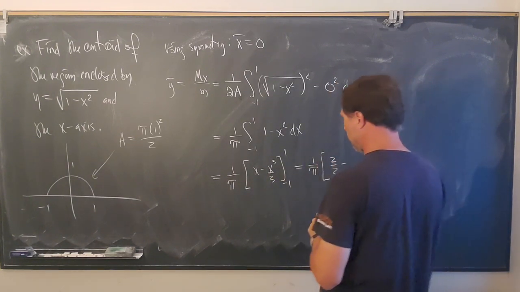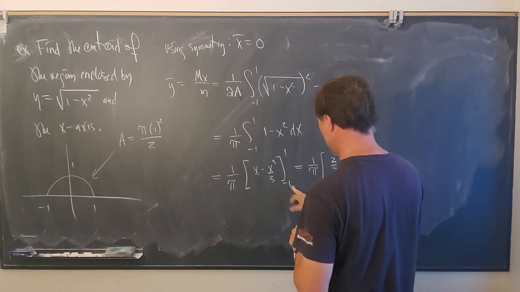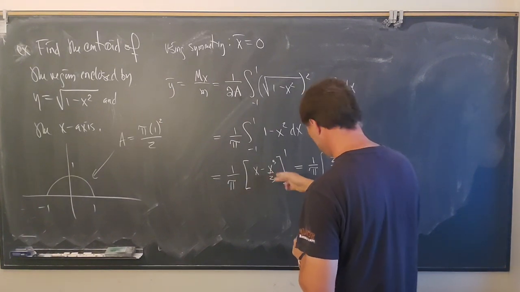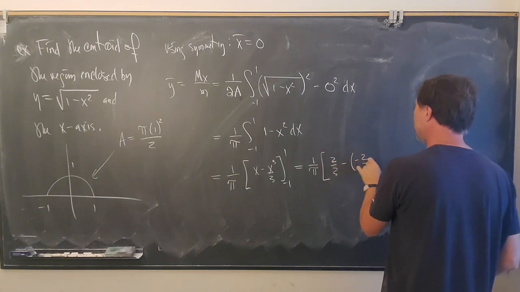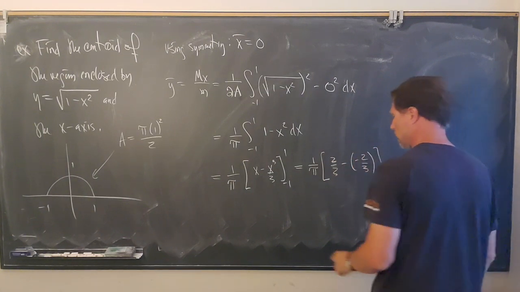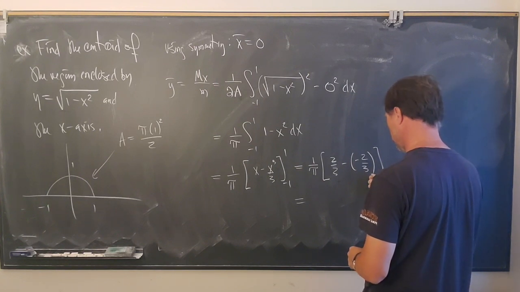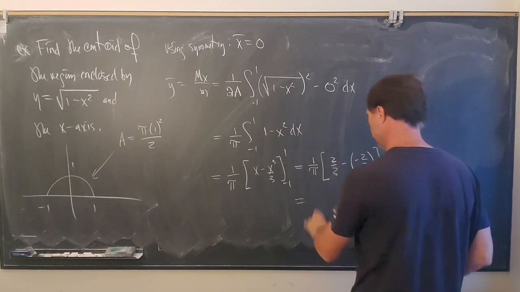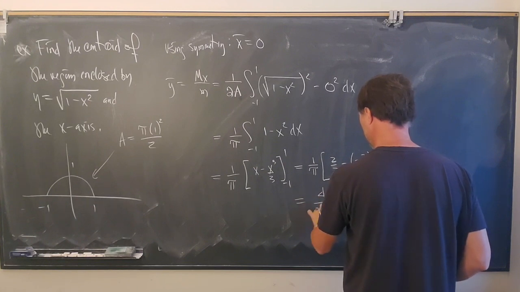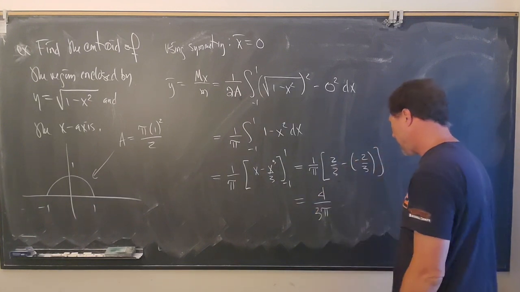Then we subtract away the result of plugging in the lower limit, which is -1 plus 1/3, so it'll be minus a -2/3. This gives us 4/3 over pi, so 4 over 3 pi.